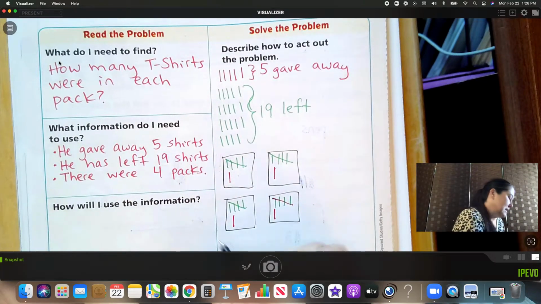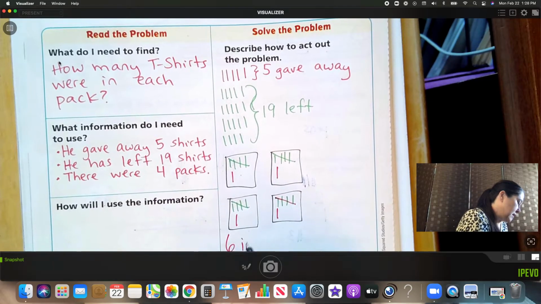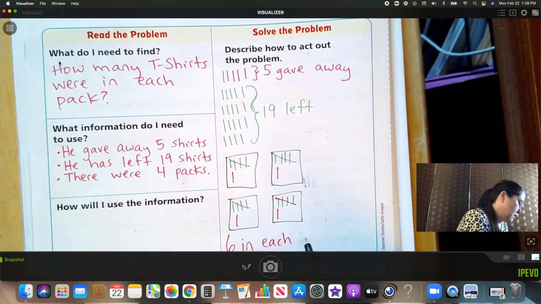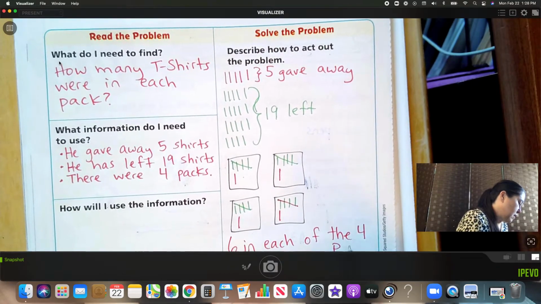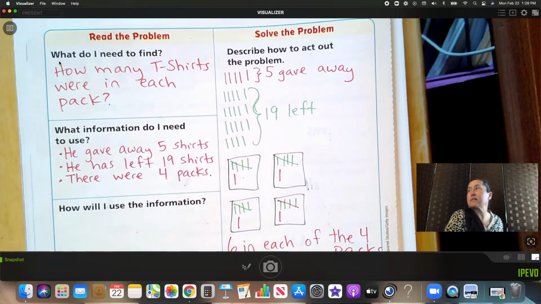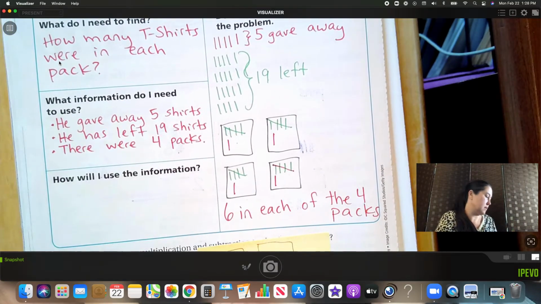So I can see 6 in each of the 4 packs. 6 in each of the 4 packs.